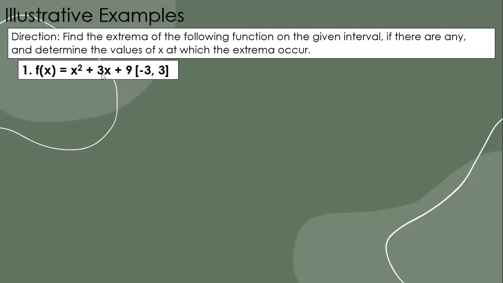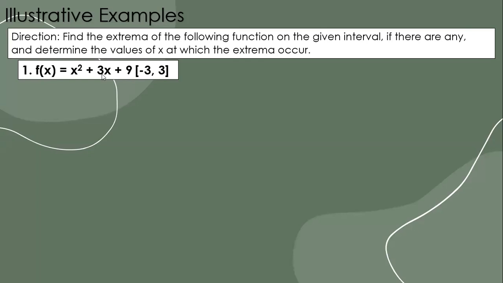Okay, so as we can see here sa ating Desmos site, we have the f of x is equal to x squared plus 3x plus 9 from negative 3 to 3. So ganito po maglagay ng interval. Okay? Kapag sa Desmos. So here is the given function and ganito yung itsura niya.